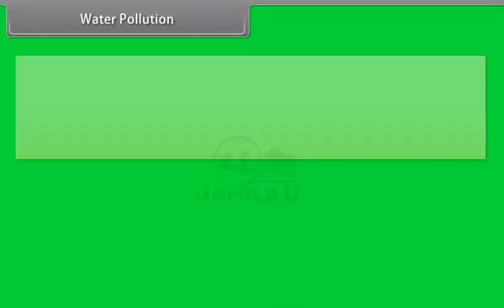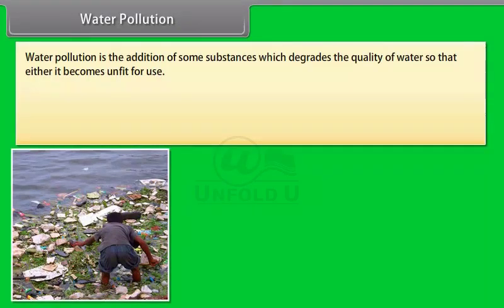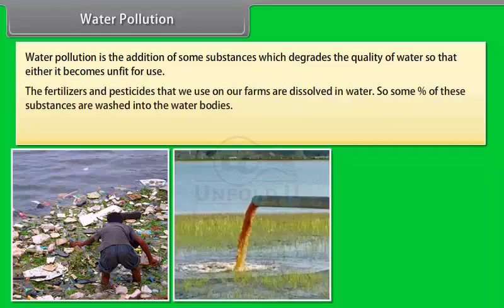Water pollution. Water pollution is the addition of some substances which degrade the quality of water so that it becomes unfit for use. The fertilizers and pesticides that we use on our farms are dissolved in water, so some of these substances are washed into the water bodies.